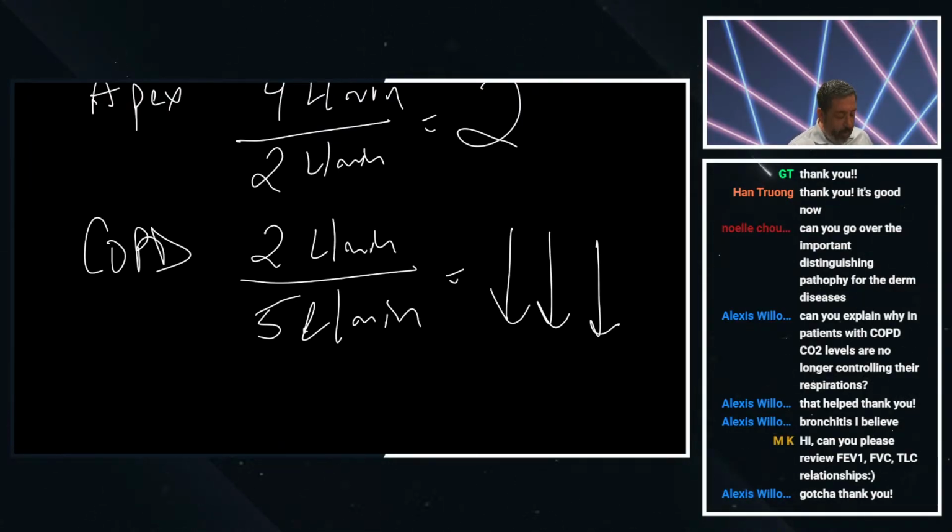Okay, Noel, the biggest thing to know for those derm things is more of when I went through the process, what happened first, what happened second, what happened third. Especially acne was a big one. We went through how the keratin will slough off and get plugged in the pore, in the follicle.